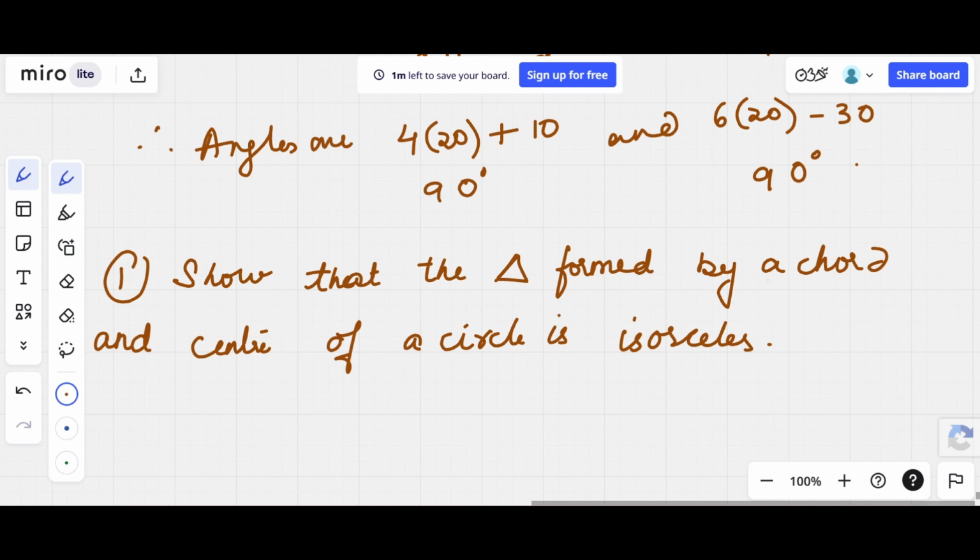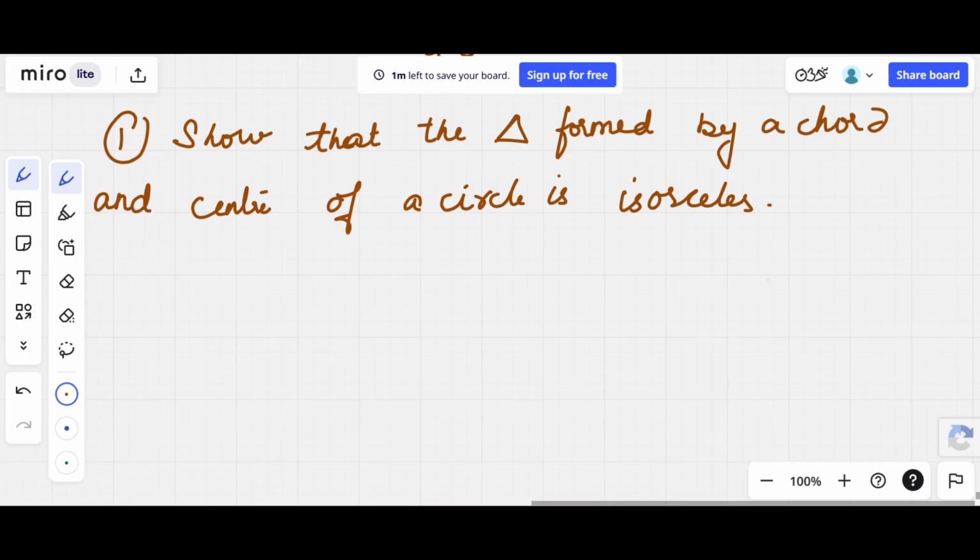Just think properly, visualize it, draw a rough diagram, and then tell me what will be the answer.